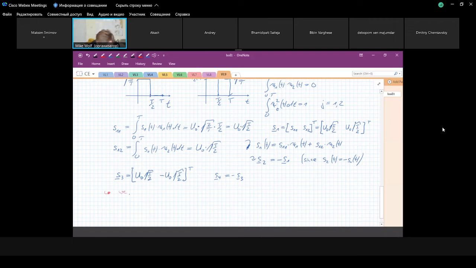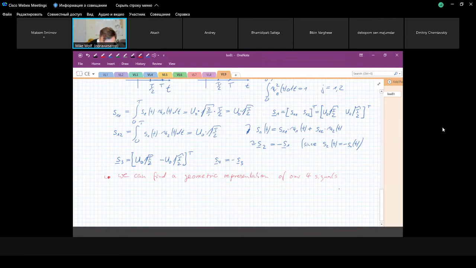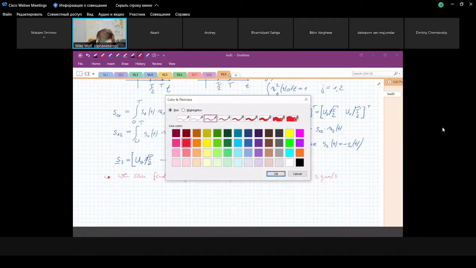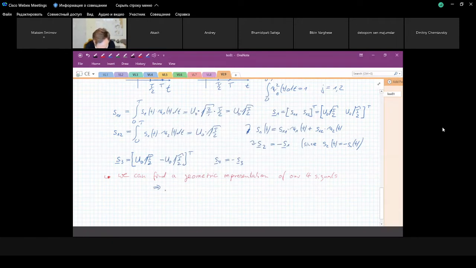So we can now find a geometric representation of our signals, and what we draw is the so-called signal space diagram. This is the signal space diagram.